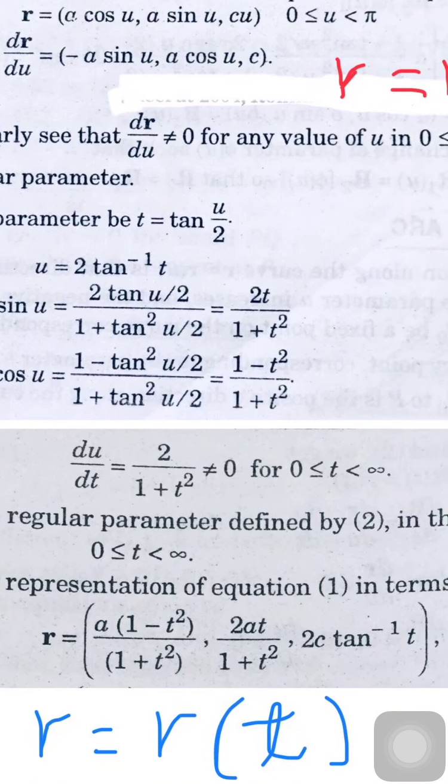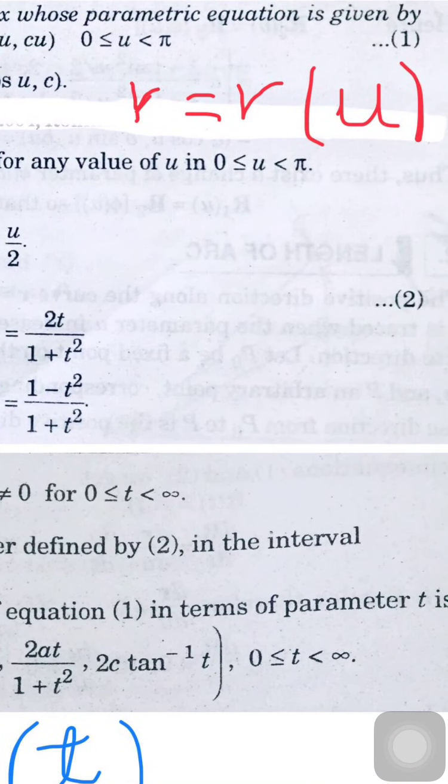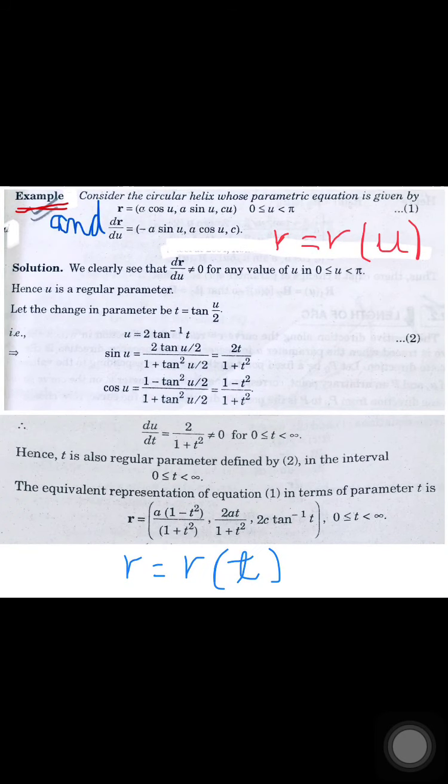So now r is converted completely into t and we get r equals r of t. Earlier we were given r equals r of u, and now we receive the change to r equals r of t. So by taking an example, r in terms of u, we change using the differential form into r equals r of t form. So change of parameter occurs like this.